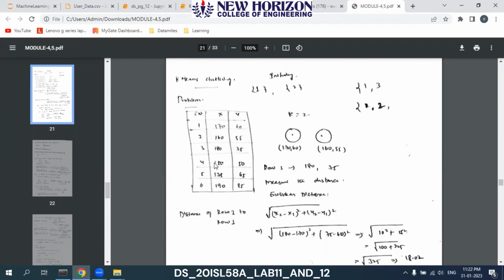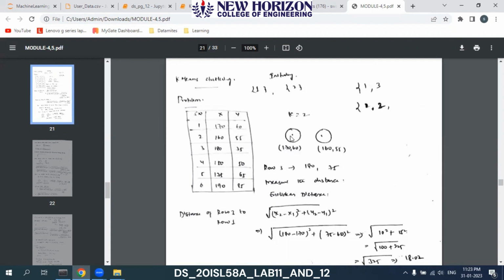Next we will take 150, 50 and again check. But because row 3 has been added to row 1, we need to calculate the centroid. Initially these were the centroids we randomly chose, but once another point, 180, 75, is added to the first cluster, you need to calculate the new centroid value: (x1 plus x2) by 2, (y1 plus y2) by 2.